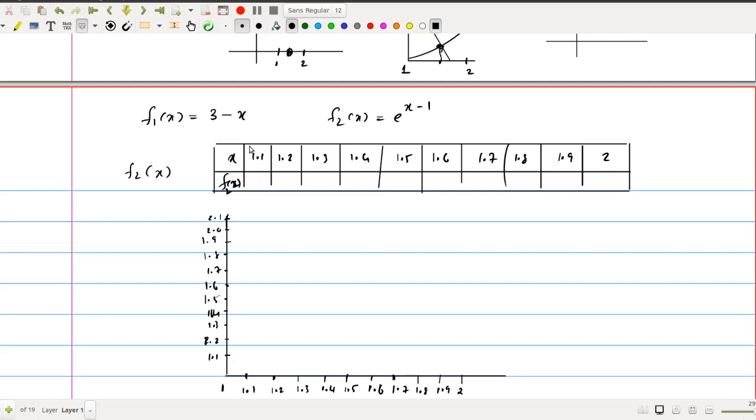At x equal to 1 we have 1, that means it starts from this.